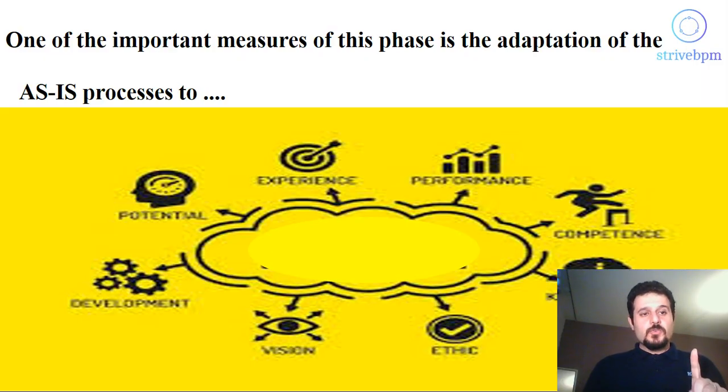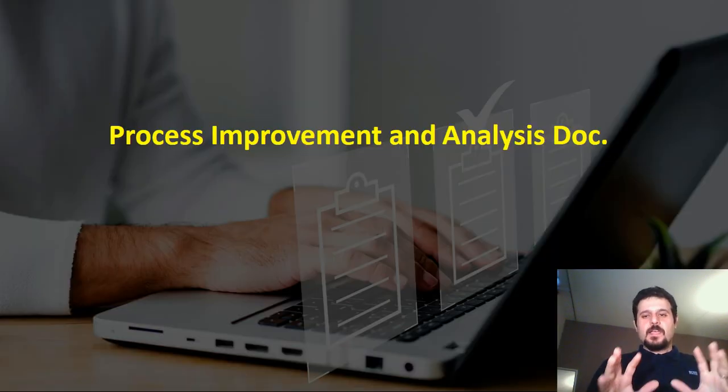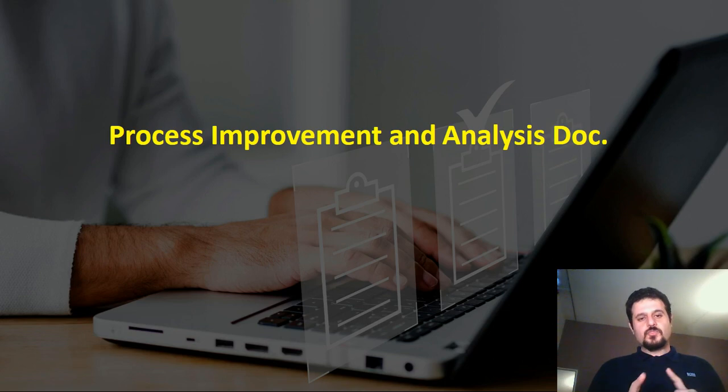Also, you should consider one of the important measures of this phase is the adoption of the as-is processes to best practice, as I said, in gap analysis in our document. At the last of this step, you should create a document, the process improvement and analysis document.